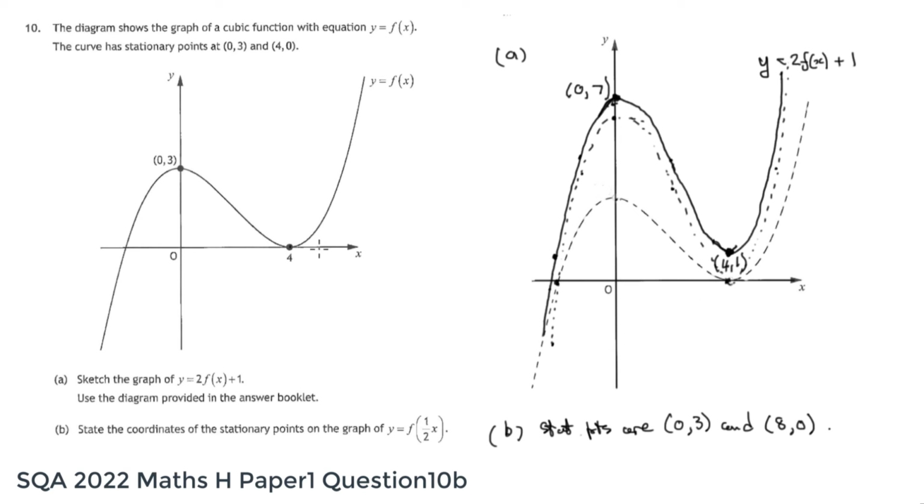Remember, when 8 goes in there, you get half of 8, which is 4. It then behaves as on the original graph when x was 4. So when x is 8 on the new graph, there will be a minimum point because there was one at 4 on the original graph.